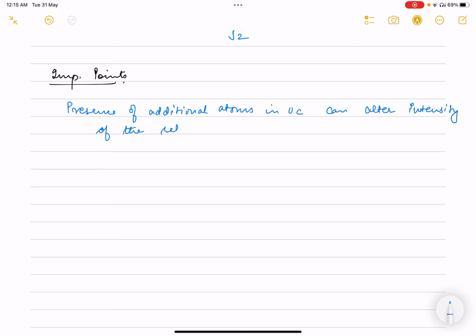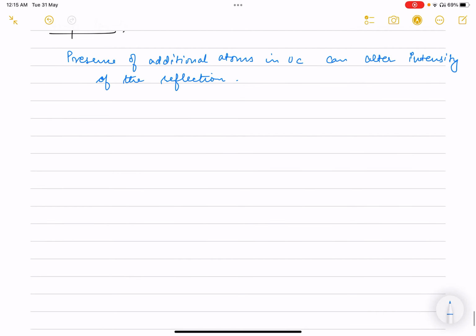So the intensity of the reflection depends upon the number of atoms or the location of atoms. Position of reflections gives us the lattice type, whereas intensity gives us motif information.